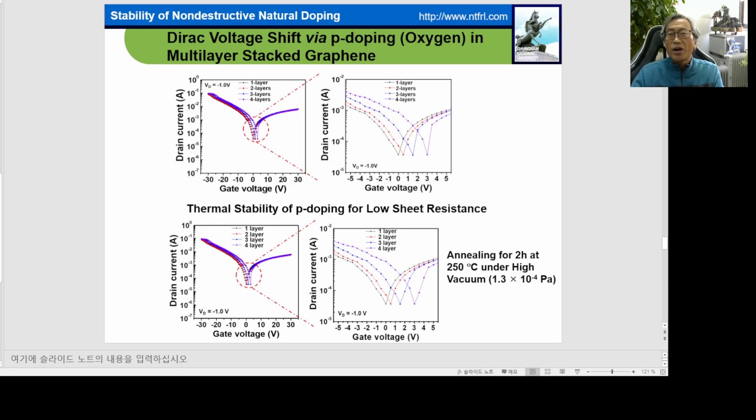So that is p-doping. Our stacked graphene is naturally p-doped. But this is very stable under high temperature and high vacuum annealing. It does not change. So from that, we can obtain a very low sheet resistance of 6 ohm per square at the 4 layer stacking.